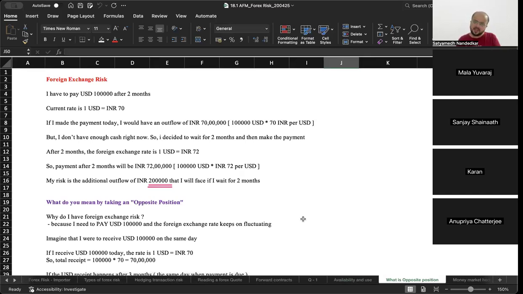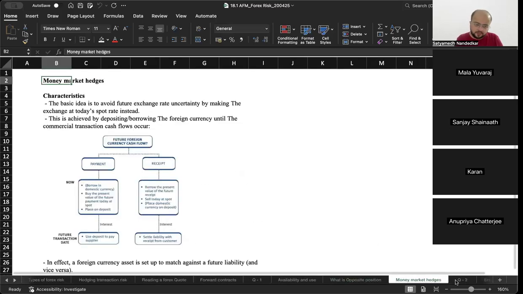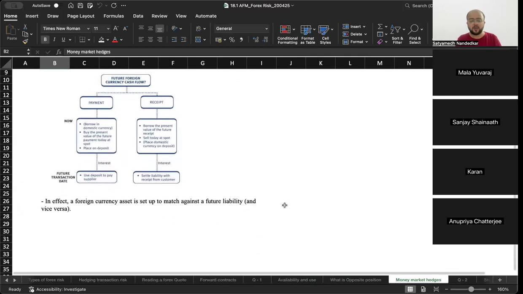Like most currencies will have a quote with respect to the dollar, but an Indian rupee might not necessarily have a quote with, say, the currency of Kazakhstan, and in that case, you will have to make use of some currency like the dollar to which both of these are pegged, and then you will have to calculate the exchange rate indirectly.